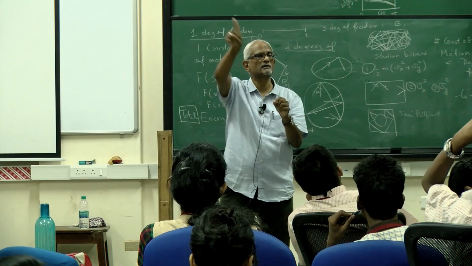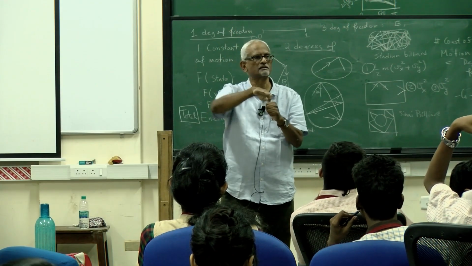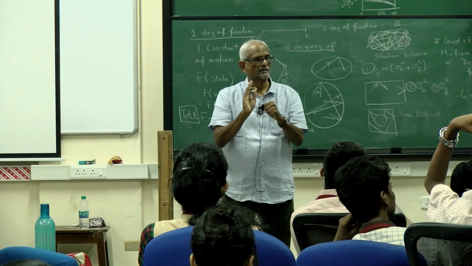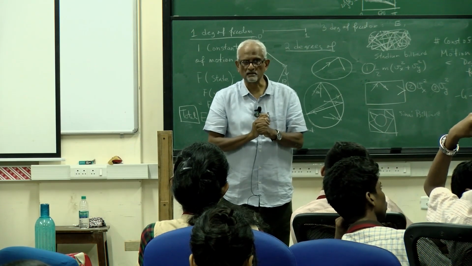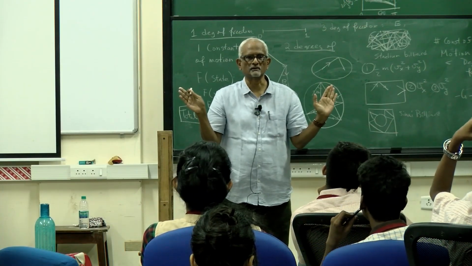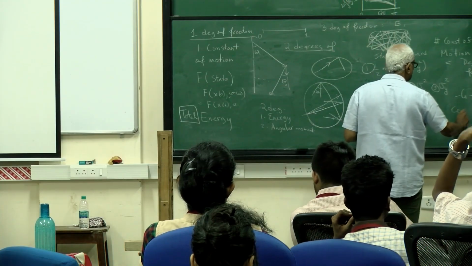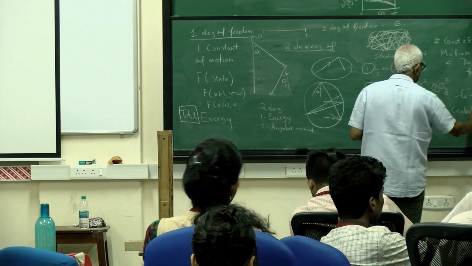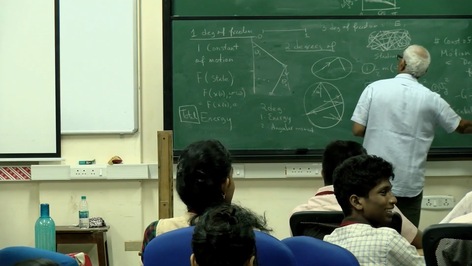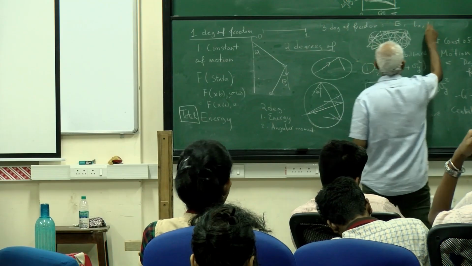It only depends on the distance. It does not depend on which angle it is placed in. This results in angular momentum being conserved. And in fact, it results in all angular momentum being conserved. So these are called central forces, which you will study. And there are three angular momentum components.